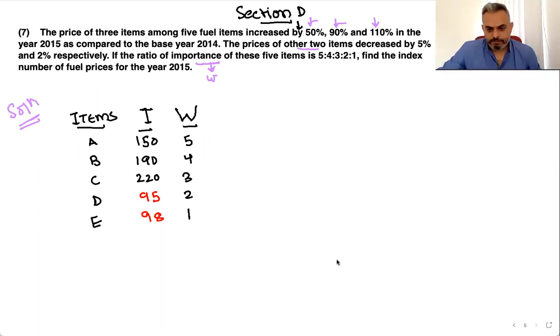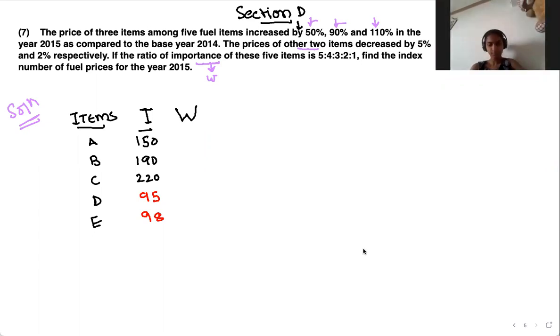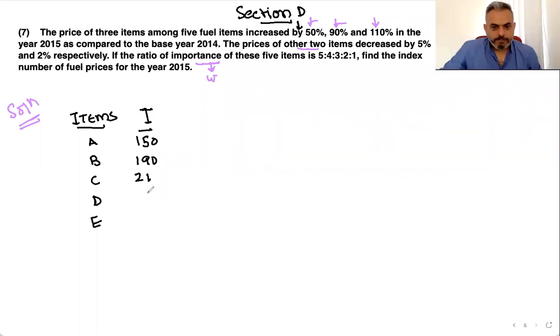210. Then decrease by 5%, so 95, and 2%, so 98.